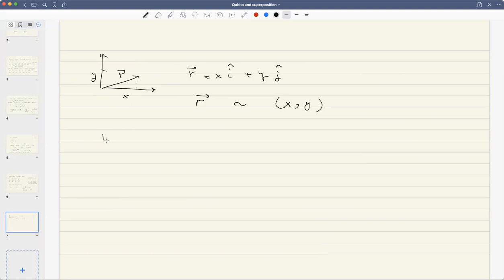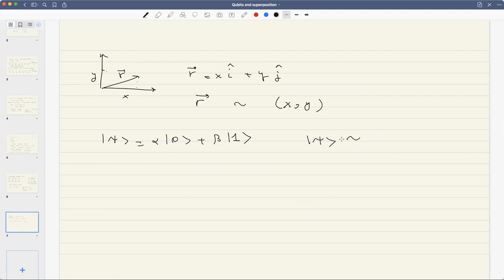Similarly, for a state psi, which we write as alpha times 0 plus beta times 1, so that's a superposition of the two possible observables for a qubit, I can represent psi again by having in the back of our mind what the two basis vectors are, what are the two possible measurement outcomes and the states corresponding to them.